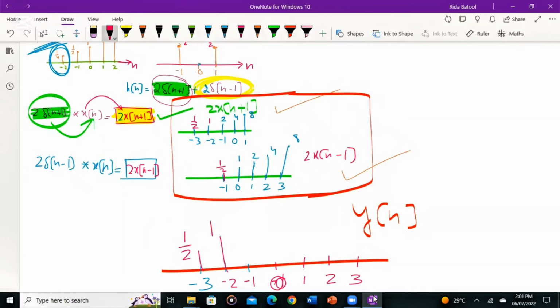At -1, you will get 2 plus 0.5, 2.5. At 0, you will get 4 plus 1, 5. At 1, you will get 8 plus 2, 10. At 2, you will get 4. 3 will be 8.